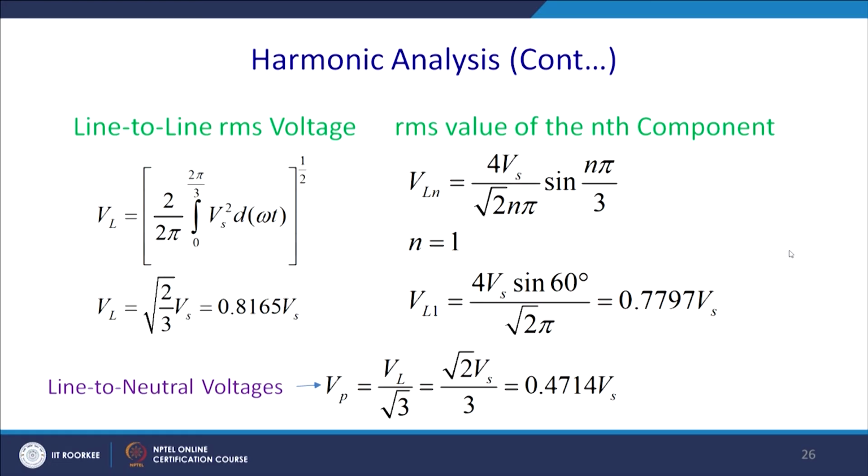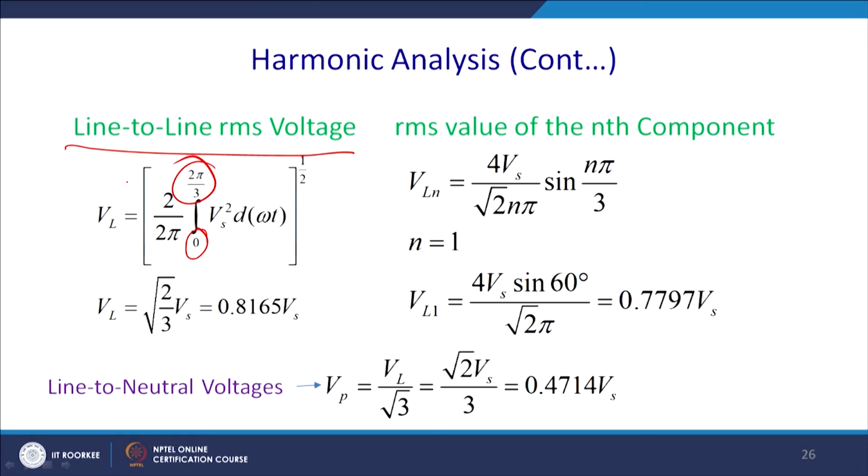Now, harmonic analysis. So, what is the amount of harmonics present in the system? So, the line to line voltage, RMS value of the component. So, VL, of course, you can integrate over the voltage across the inductor. So, 2 by 2 pi, you will know that it will conduct for the period of 2 pi by 3.